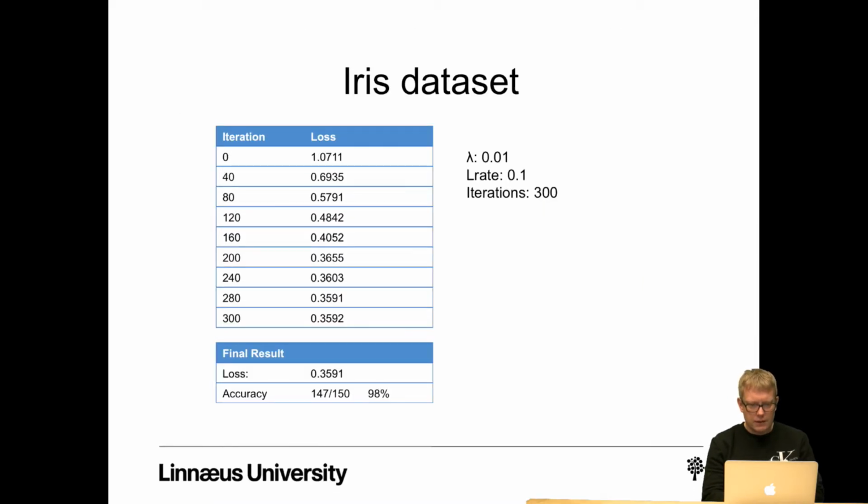On the iris dataset, we have a learning rate of 0.1, a regularization strength of 0.01, and we continue for 300 iterations, and we see that the loss is reduced from iteration to iteration, and in the final result, we have 147 correctly classified instances of 150 total, so an accuracy of 98%.